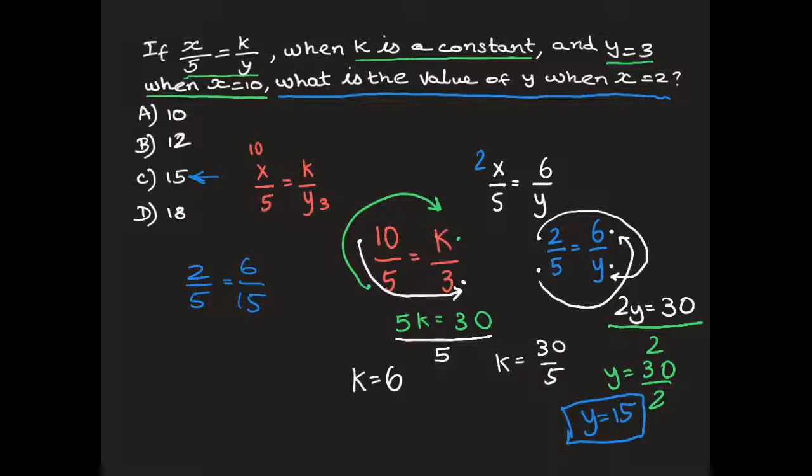All we have to do is multiply across. 15 divided by 5 is 3, so 5 times 3 is equal to 15, and 2 times 3 is equal to 6. So we know that our solution is correct. The value of y when x is 2 is 15.